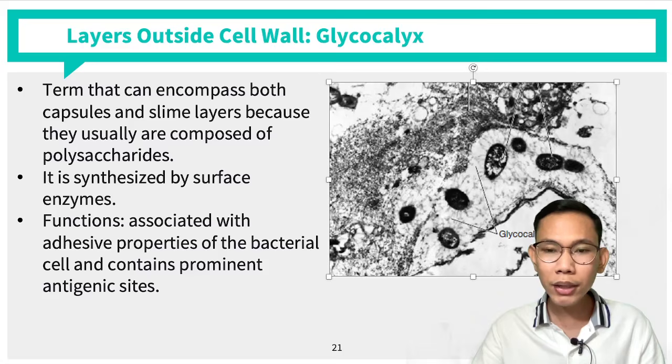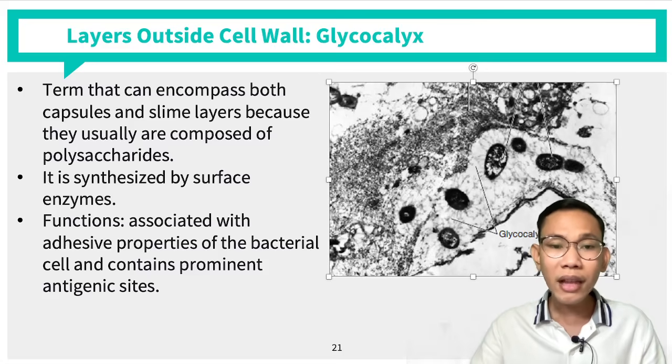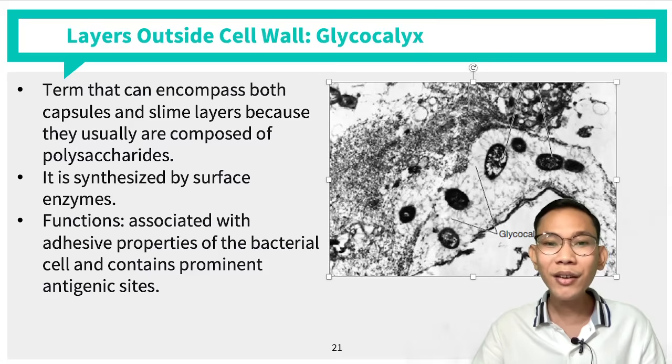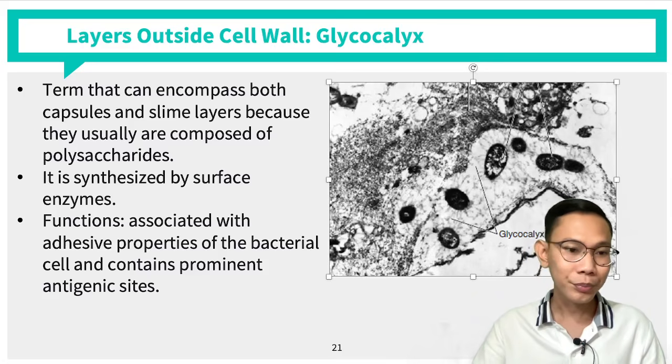This bacteria is connected to this bacteria, and this bacteria is also connected to your intestinal wall. They are connected by the action of your glycocalyx, the extensive network of fibers extending from the cell. So that is the basic function of your glycocalyx: adhesive properties of your bacteria. It makes, again, your bacteria virulent, pathogenic.